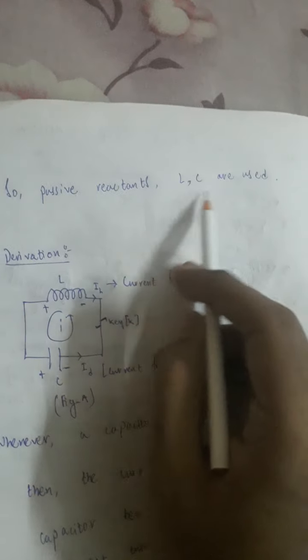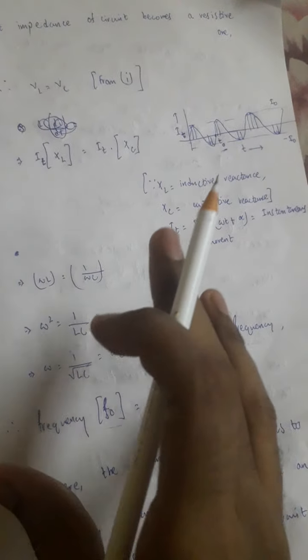So here passive reactances L and C are used, as at resonance of an LC series circuit, the circuit impedance becomes purely resistive.